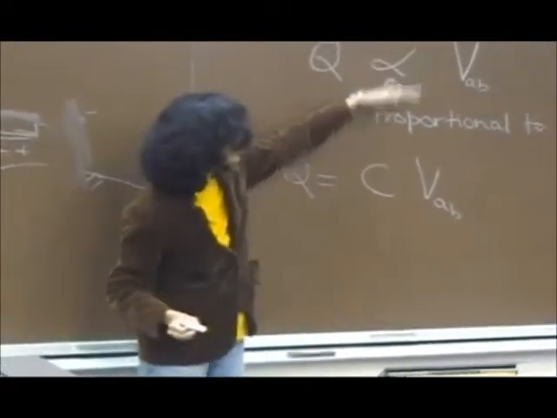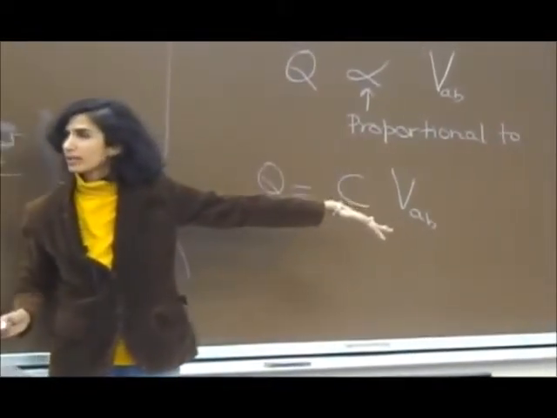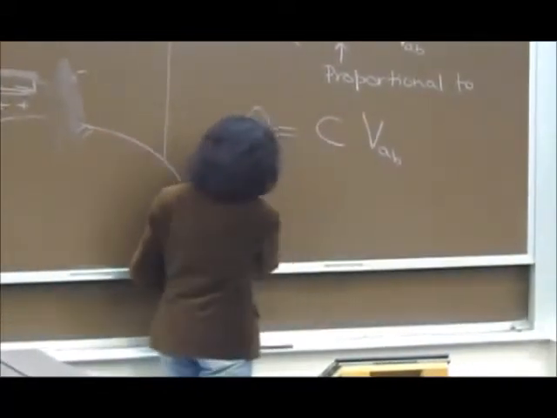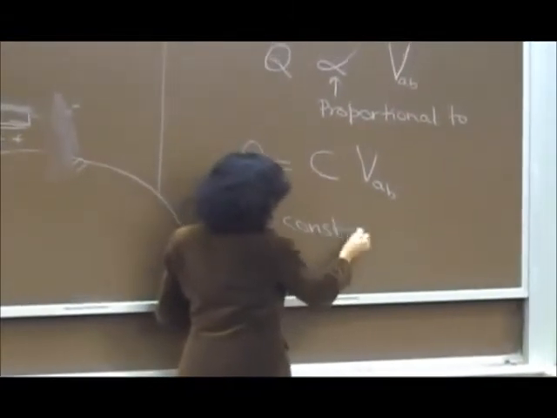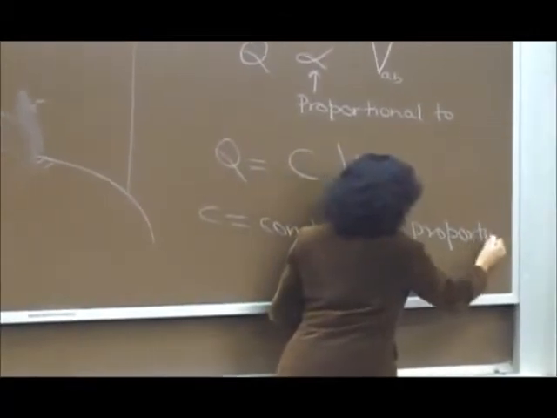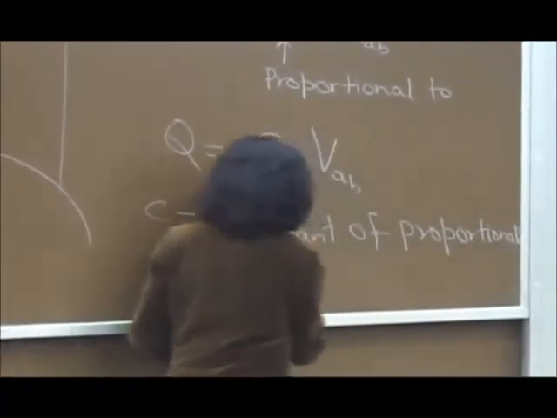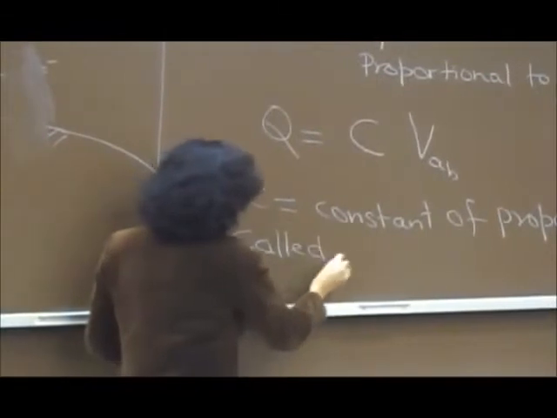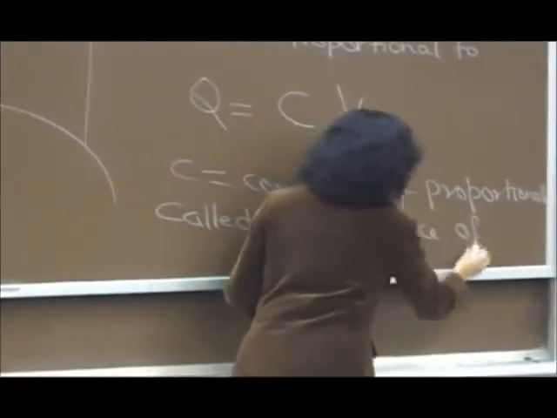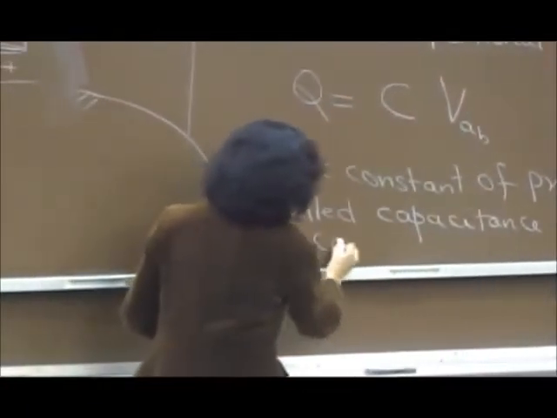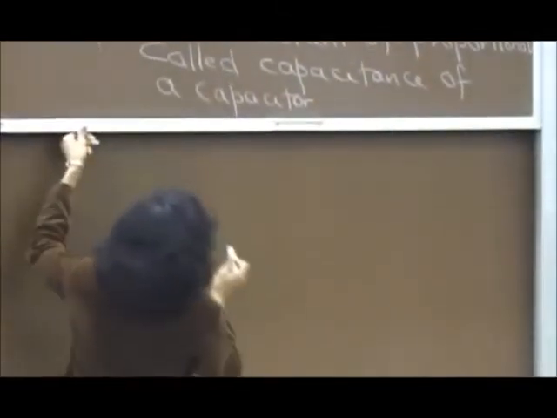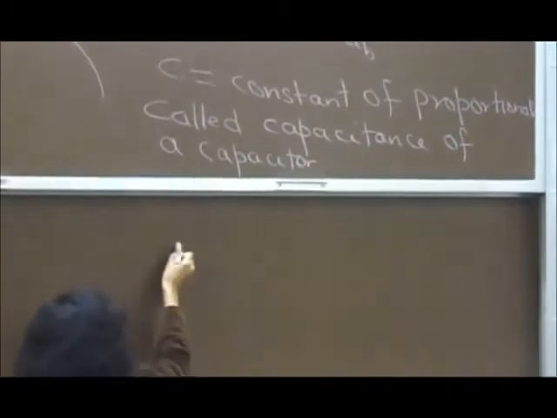And this proportionality constant is what is called the capacitance of a capacitor. Is everybody familiar with going from proportionality to an equality by putting a constant? So this constant is called C, the constant of proportionality, and this is called the capacitance of a capacitor. Okay, look at that relation.